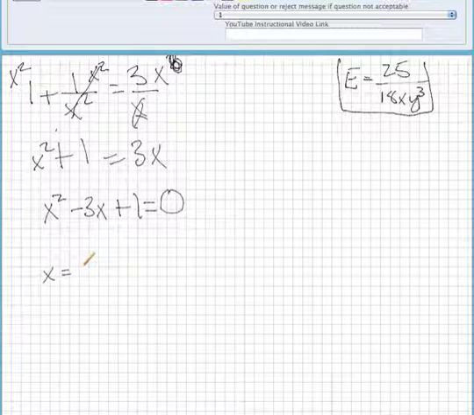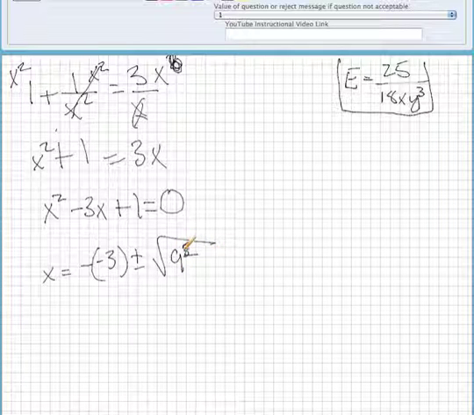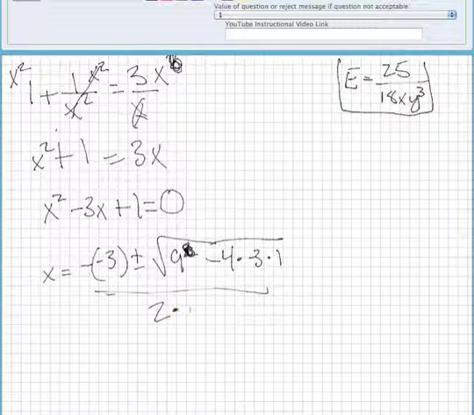So it's going to be minus negative 3 plus or minus the square root of 3 squared, which is 9, minus 4 times negative 3 times 1 over 2 times 1. I'm sorry, not 3, just 1.